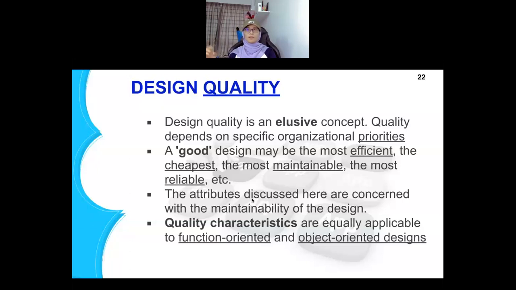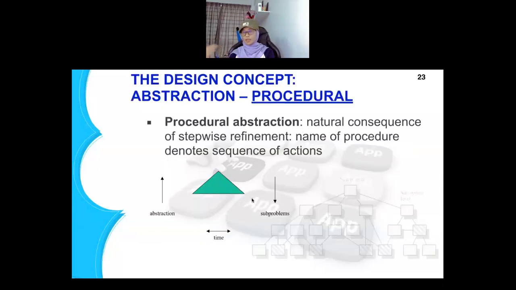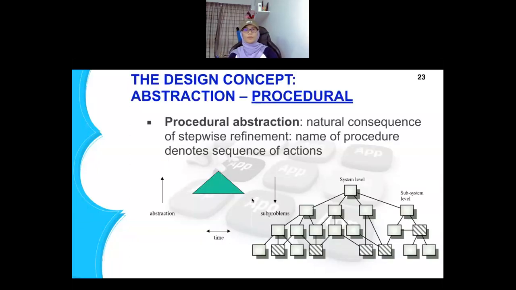You can use the DFD, the context diagram for the overall, and for DFD you have level 0, 1, 2, 3, and so on. This is an example of procedural abstraction, a natural consequence of stepwise refinement. The name of a procedure denotes a sequence of actions. It is just an example of abstraction, the procedure.